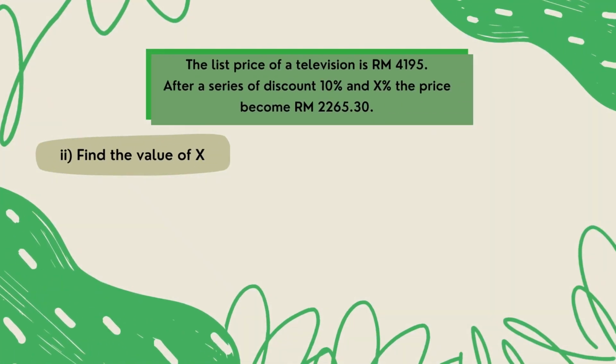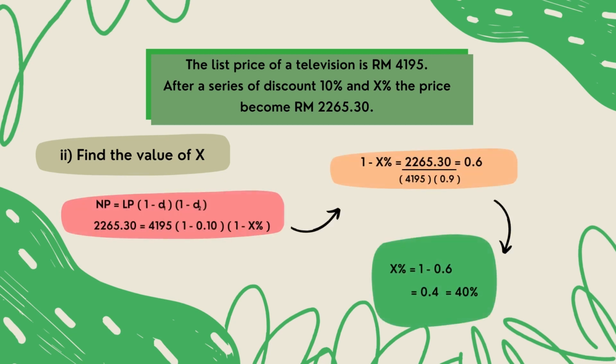Okay, next question. Find the value of X. Firstly, follow the formula. So, NP is 2265.30 and LP is 4195. In bracket is 1 minus T1. D1 is 0.10. And next bracket 1 minus D2.